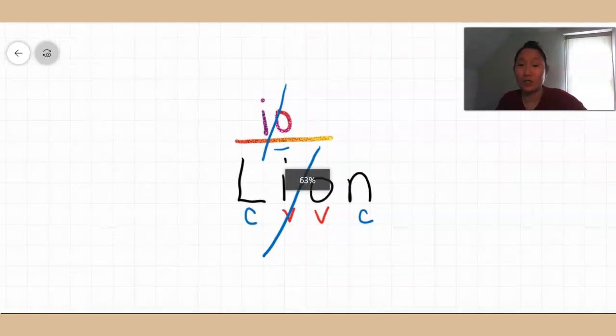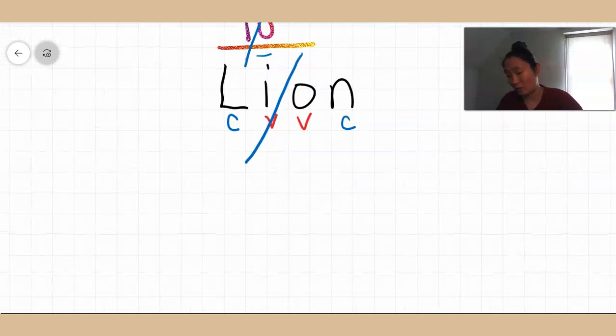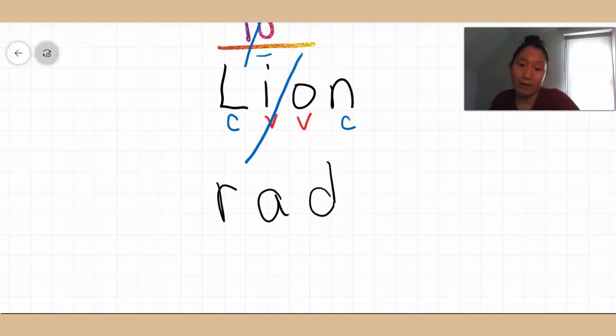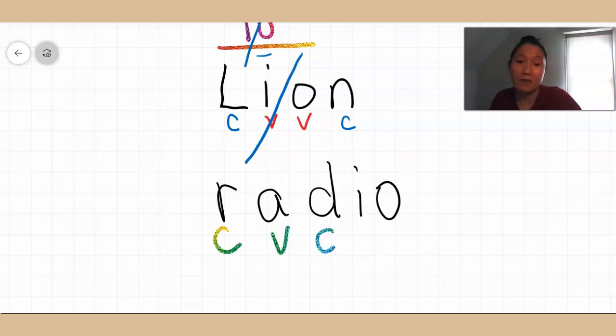Okay, so let's take a look at another I-O word that you would break. Let's look at the word radio. Here we have a consonant, vowel, consonant, vowel, vowel. If you remember correctly, we can break the I-O.